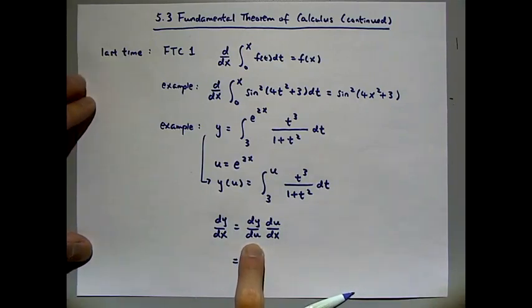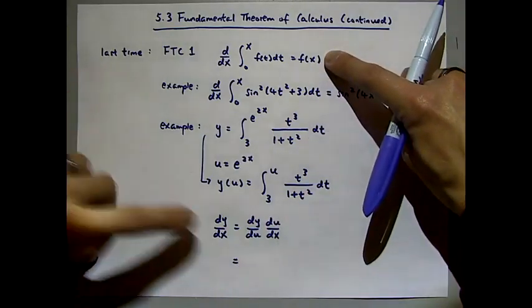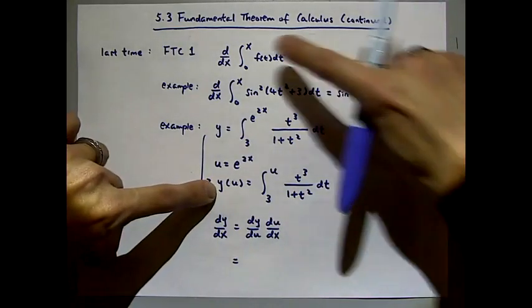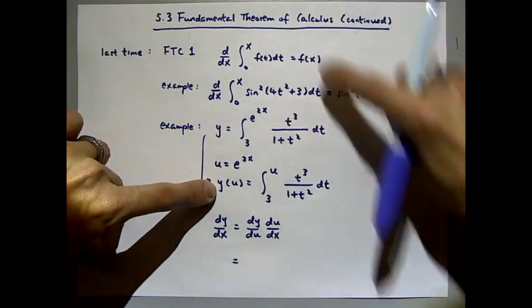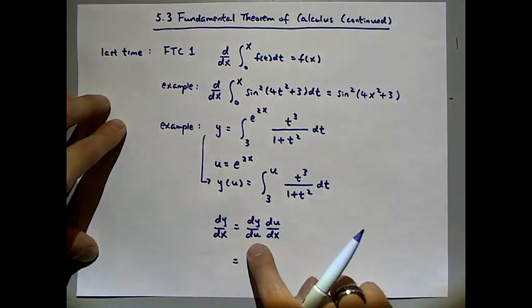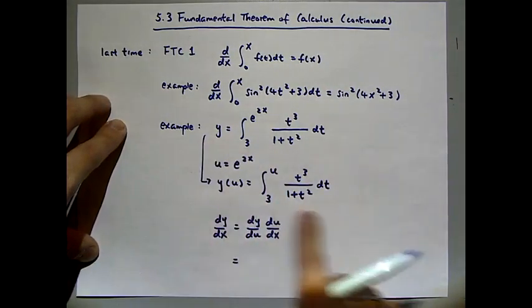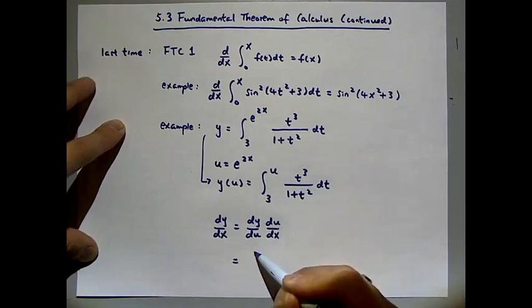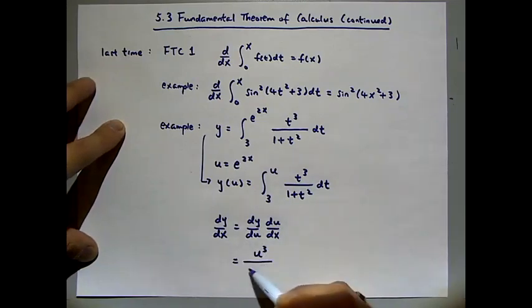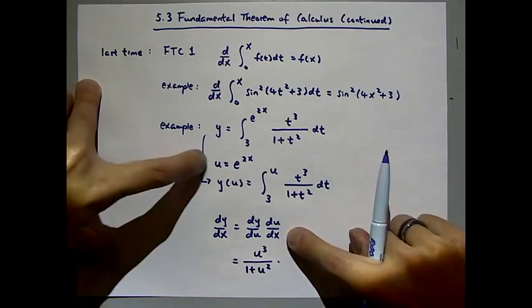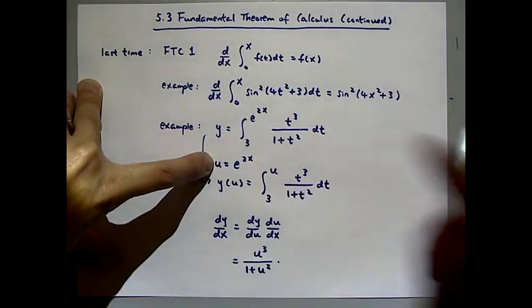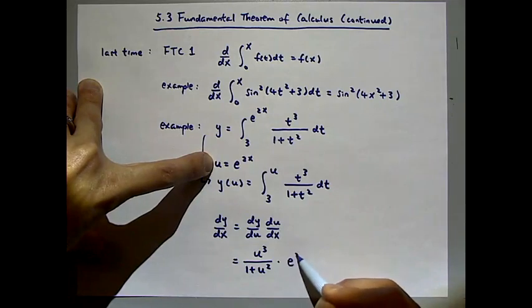The first part here is simply FTC1 again, with u in place of x. Okay, so dy du with y being this thing will simply give us u cubed over 1 plus u squared. And then du dx, derivative of that, e to the 2x times 2.